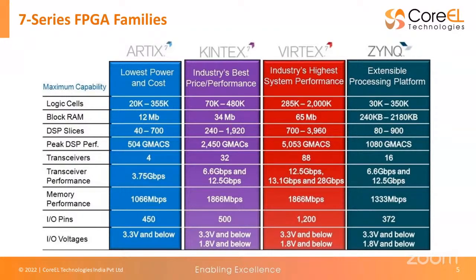What we have here are the DSP blocks, which are in the thousands, compared to the Artix chip, where you have about 200 to 500 or 700 DSP performance modules. In Kintex, you have about 2000 to start with, right? And this is only one architecture that we are talking about. Moving up from there, you also have multiple architectures, like UltraScale, UltraScale Plus, UltraScale Plus MPSoC, and then you also have something called Versal.